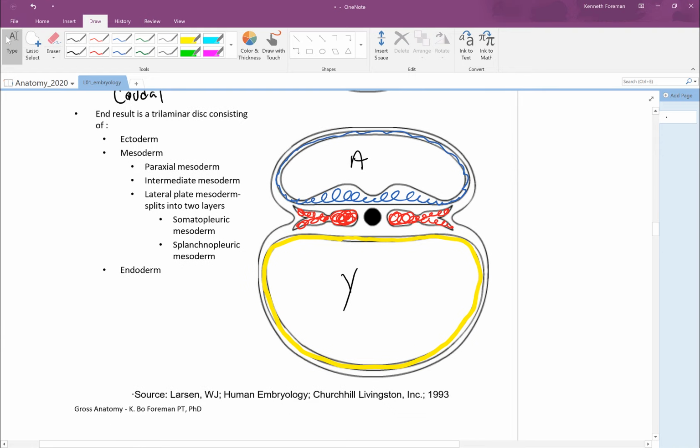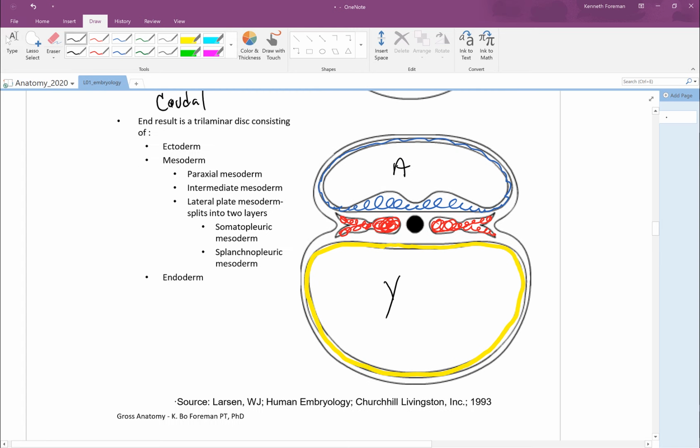Now I want to say a little something about the mesoderm here. The mesoderm is actually broken up into three regions. And if I was to draw it out, it would look basically like this. Okay.